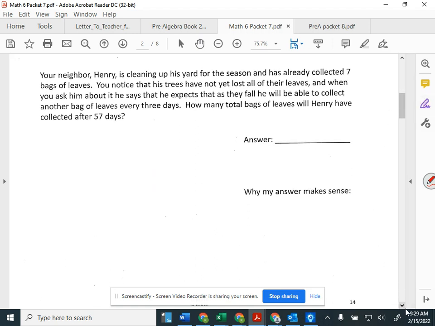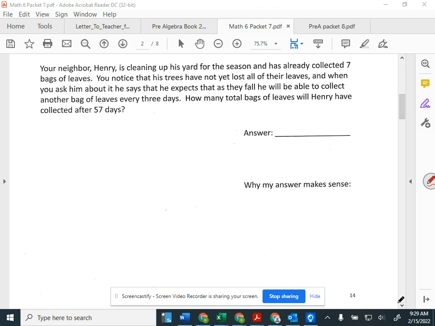Let's look at our second page. Oof, there's a lot of us doing this one, that we're missing some key things in our sentence or in our problem. Your neighbor Henry is cleaning up his yard for the season and has already collected 7 bags.